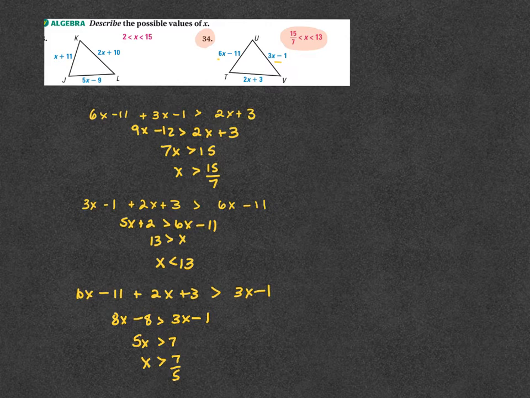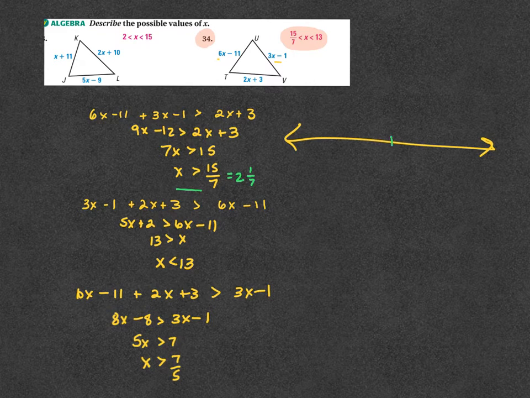So your goal here is really to find the smallest value and the biggest value, right? It's got to be greater than, and if you set it up as inequalities, you want it to be the most restricted thing. So if I start with this one, this is 2 and 1/7, right? So if I did 0, 1, 2, 3, 2 and 1/7 might be here, right?